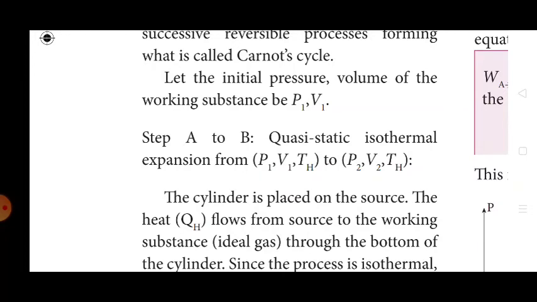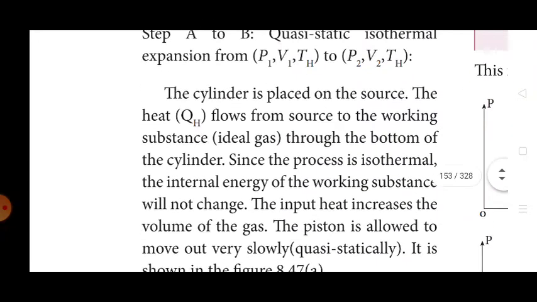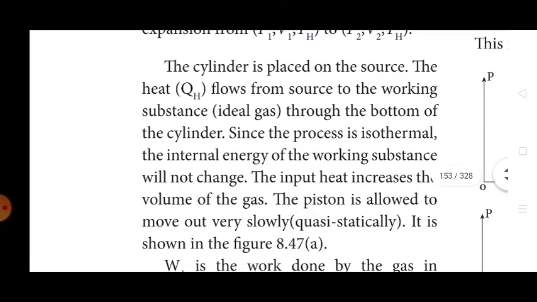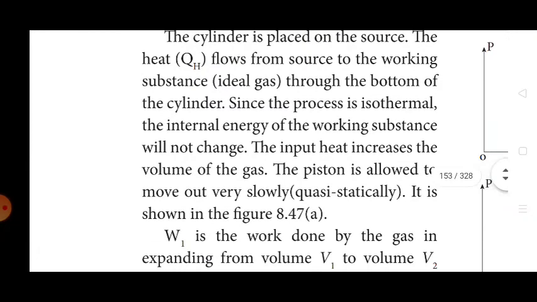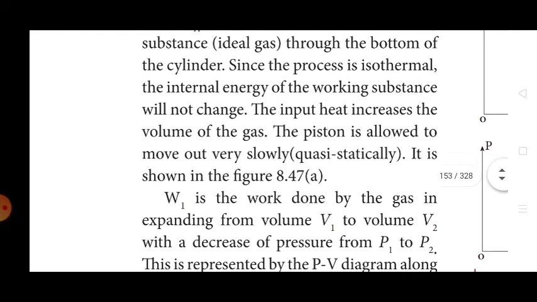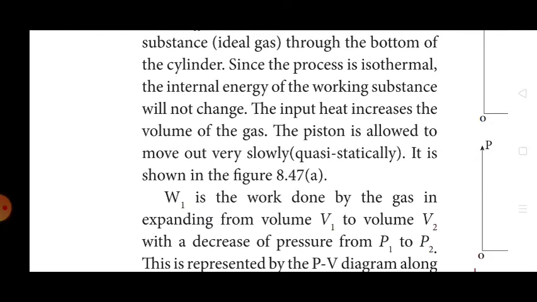The cylinder is placed on the source. The heat QH flows from source to the working substance through the bottom of the cylinder. Since the process is isothermal, the internal energy of the working substance will not change. The input heat increases the volume of the gas. The piston is allowed to move out very slowly, quasi-statically.